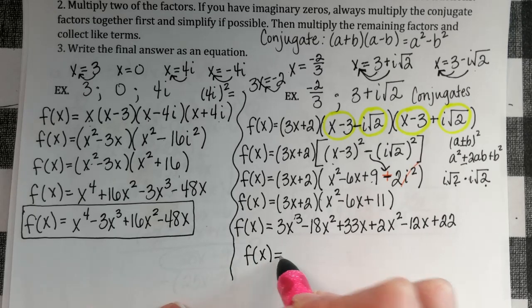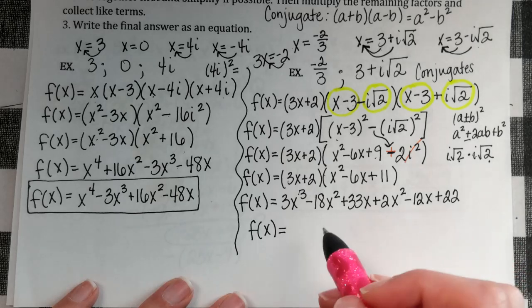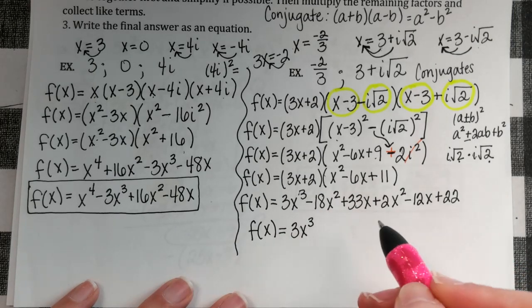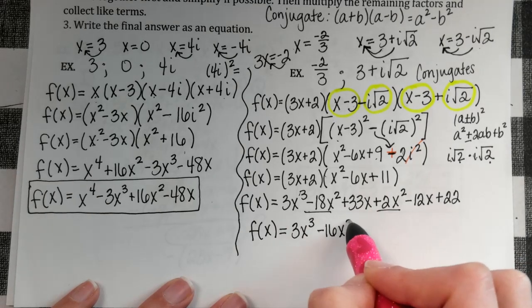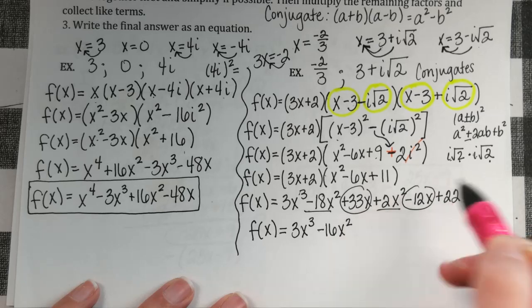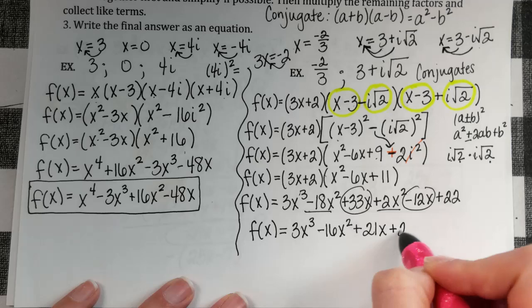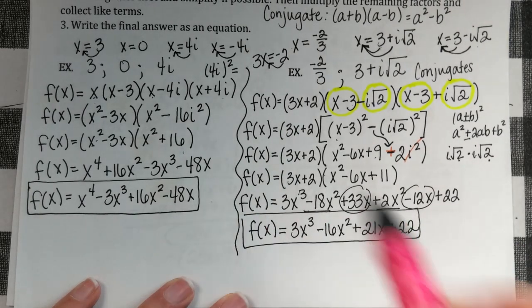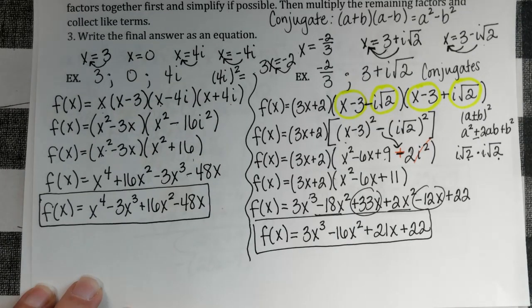So when I combine everything and put it in standard form, what should my final answer be? Good. Very good. Okay. Are we all good with that? You have questions? Okay.